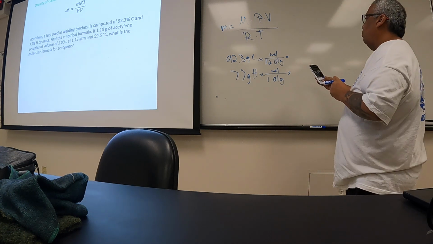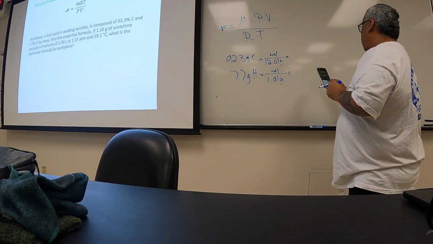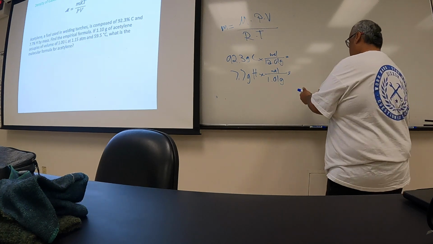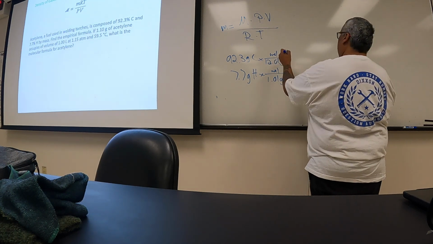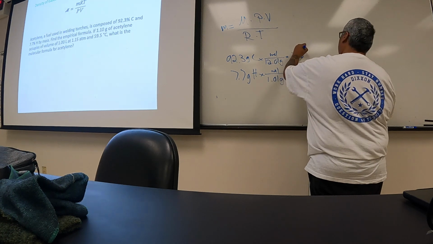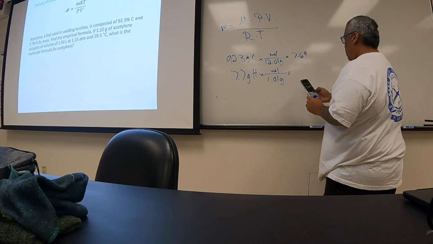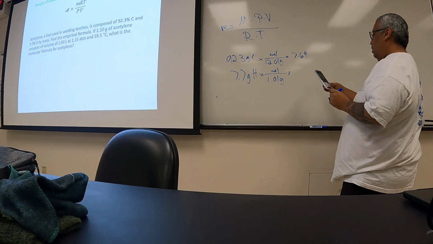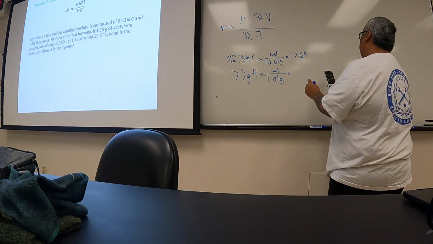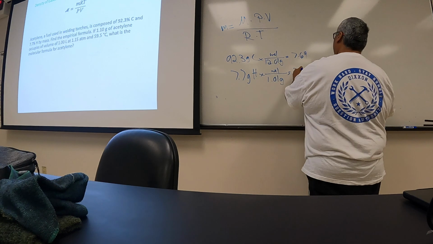So 92.3 divided by 12.01 gives us 7.69, and then 7.7 divided by 1.01 gives 7.62.